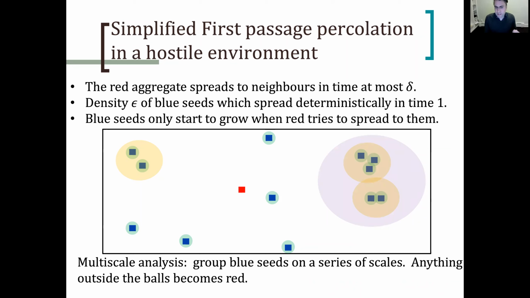There is, of course, a chance that initially the red seed is just completely surrounded by blue ones, and in that case, certainly the blue wins. And they also showed that the fraction of things covered by these bubbles is a fairly low density if epsilon is small enough. And so we want to use this same kind of analysis to show in the AB model that it's spreading out at a good speed.